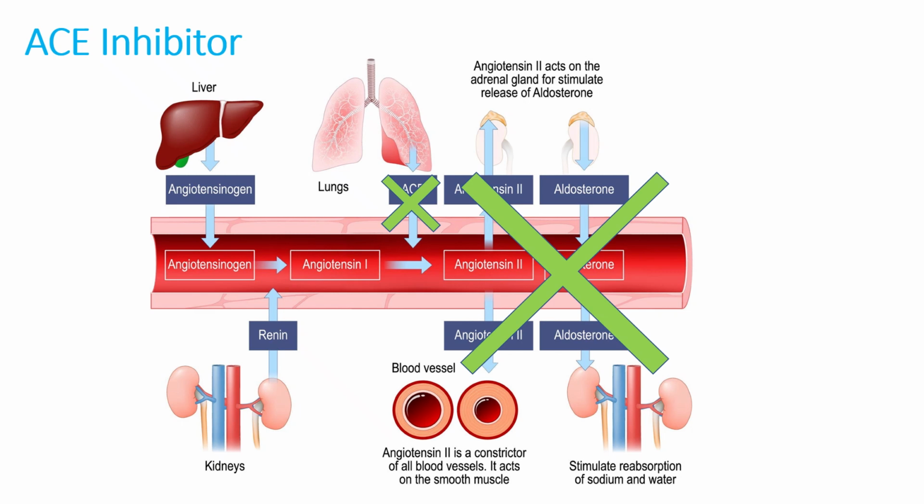ACE inhibitors, from the name alone, inhibit ACE in the lungs. It prevents the conversion of angiotensin 1 to angiotensin 2. When this pathway is prevented, it results in vasodilation and a decrease in blood volume through a reduced sodium and water retention, leading to lower blood pressure.